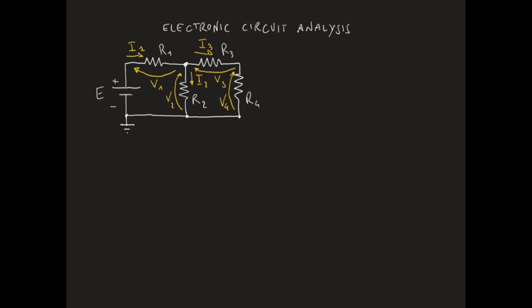So we have 7 unknowns, and in order to find them, we need 7 independent linear equations. 3 of these 7 equations are provided by Kirchhoff's laws for currents and voltages in the circuit. In particular, we can write the equation for the currents at node A as I1 equal to I2 plus I3.